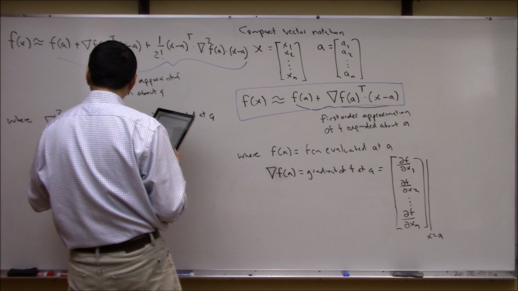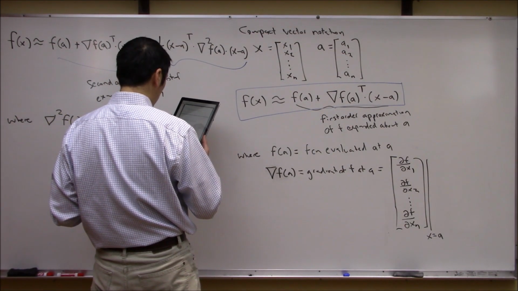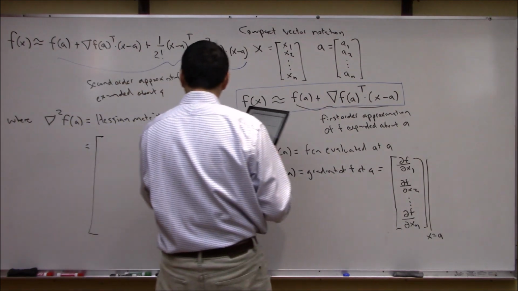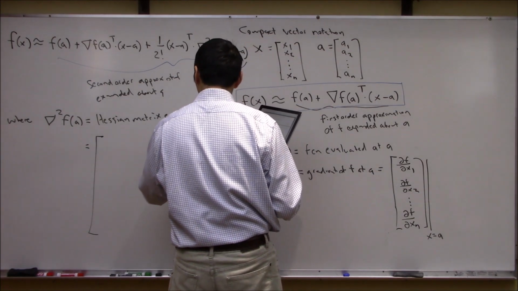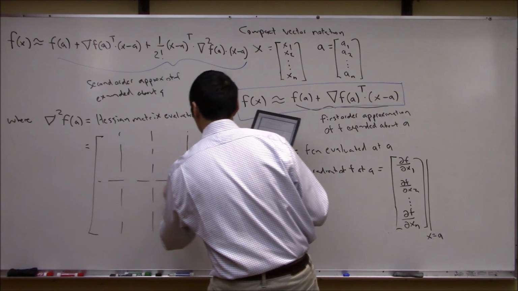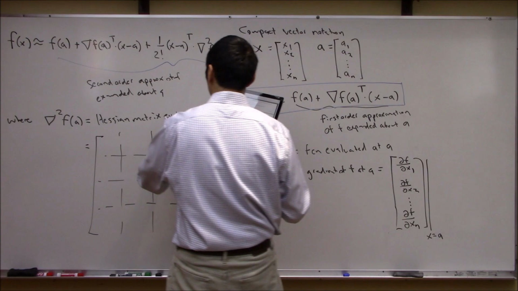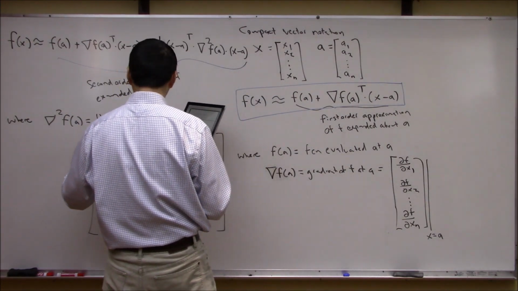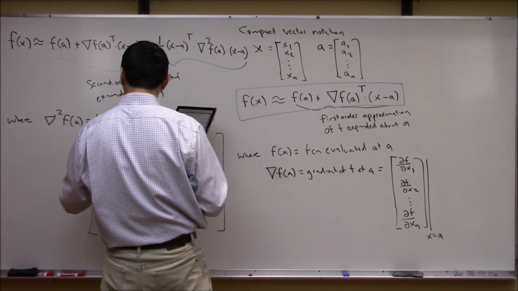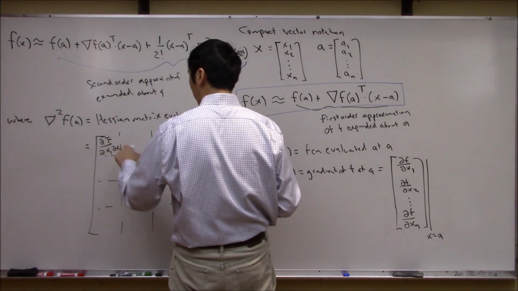And again, the Hessian matrix is basically a square n by n matrix where each of the entries is a mixed second partial. So this first entry is the partial of f with respect to x1 and then with respect to x1 again, so this is the second partial of f with respect to x1.